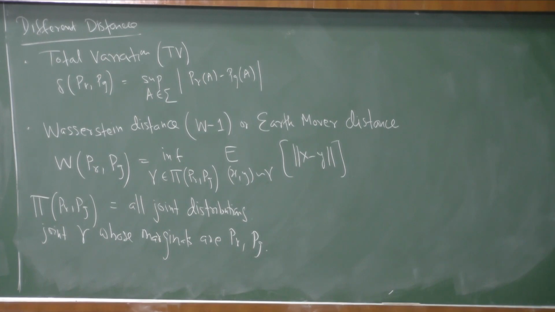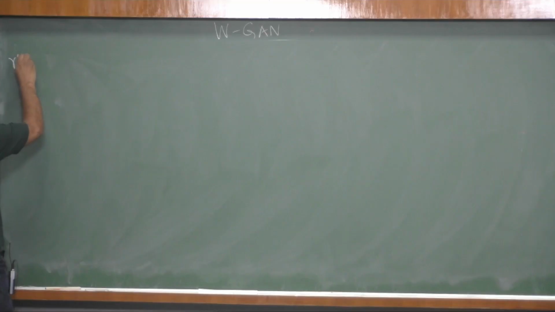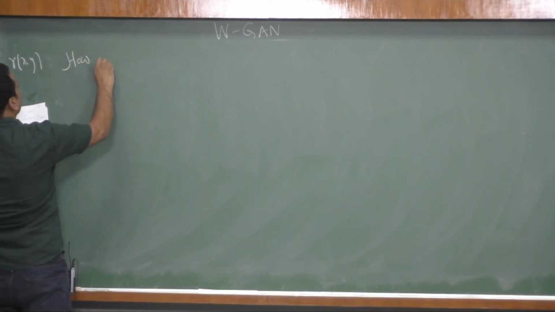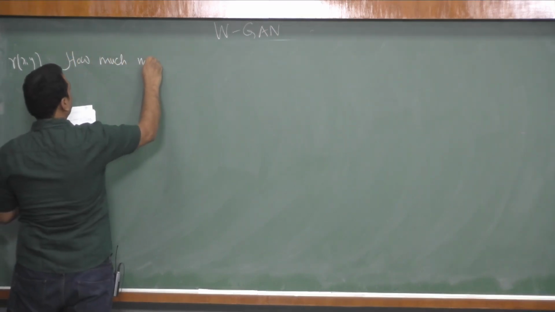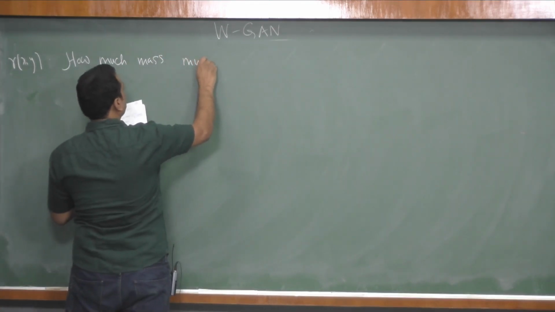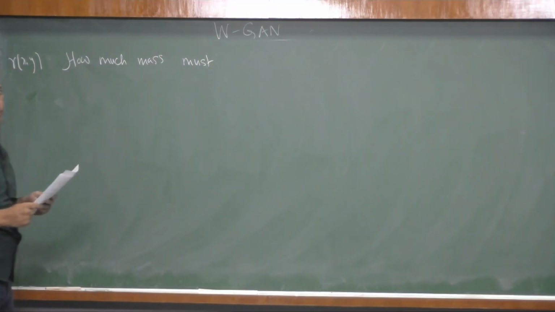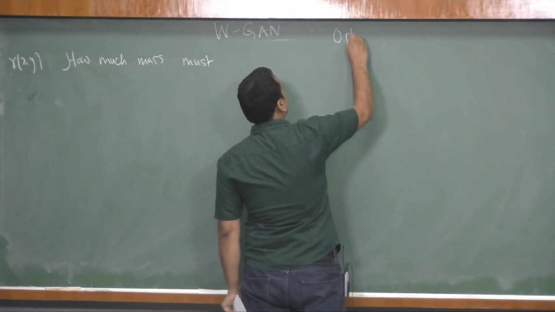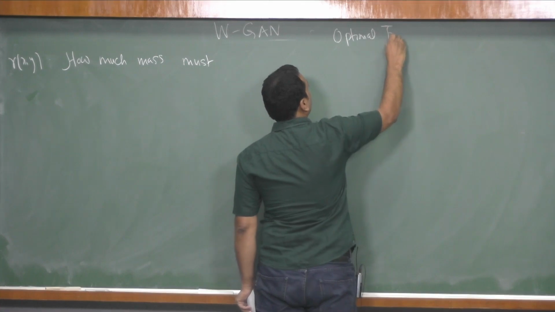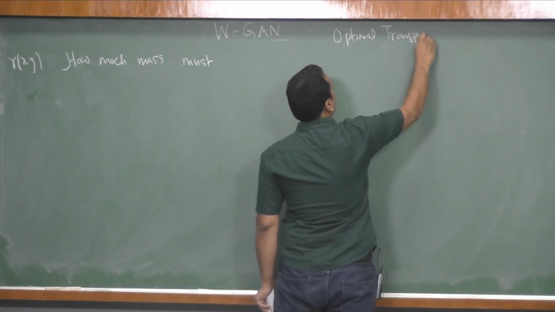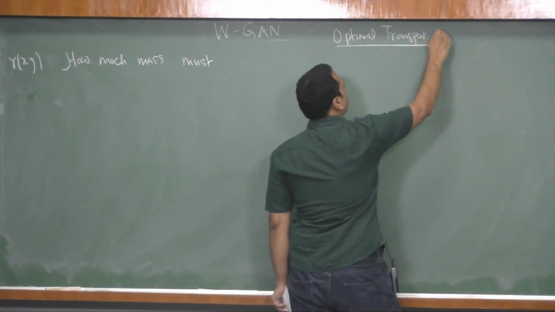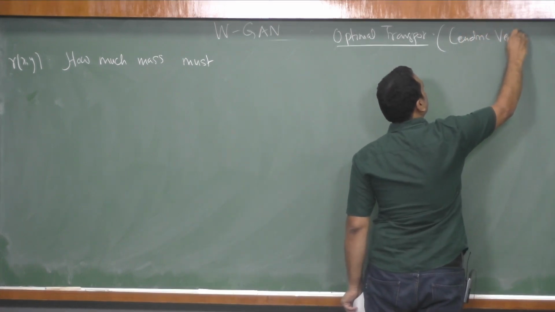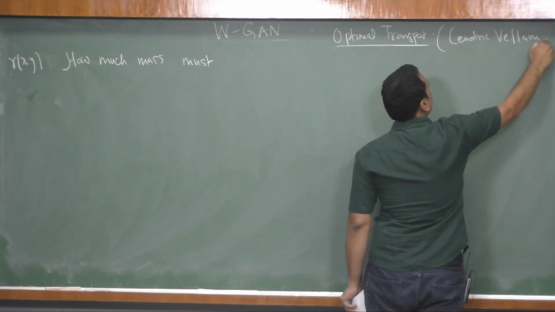So here physically this means how much mass must be transported. Essentially all this is coming from an even broader topic called optimal transport. If you want, this is Cedric Villani, Fields medalist, French.